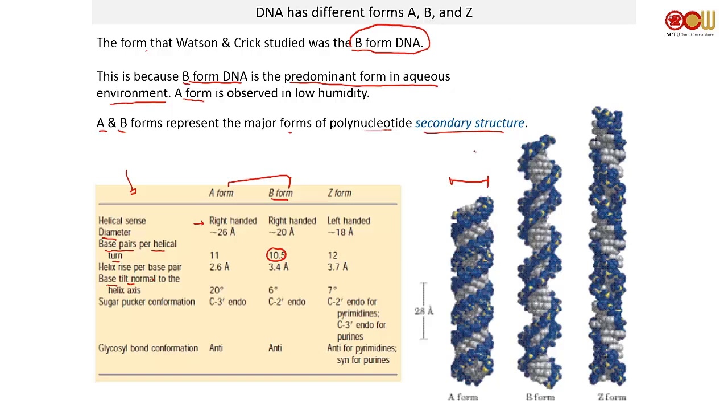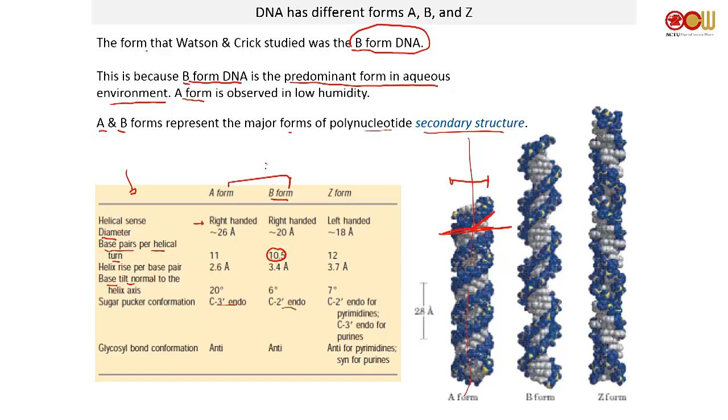If here is your axis, your bases will be tilted instead of completely horizontal. And the sugar conformation is C3 endo, C2 endo, et cetera. So these are some of the basic characteristics of A form, B form, and Z form.